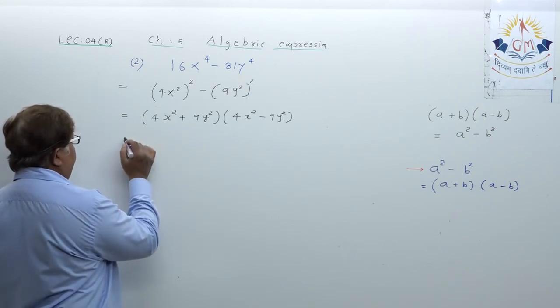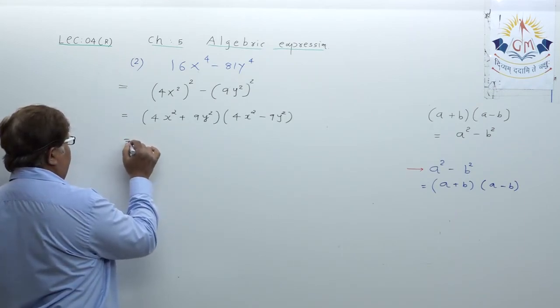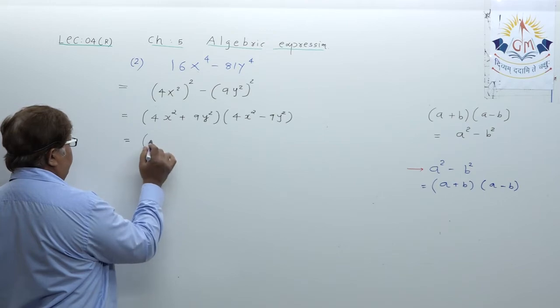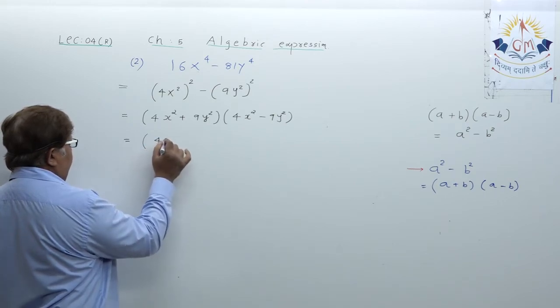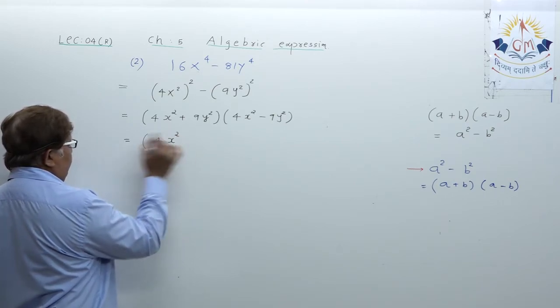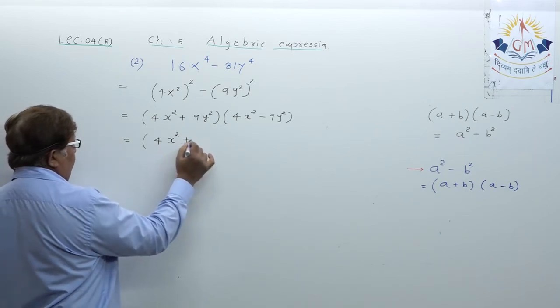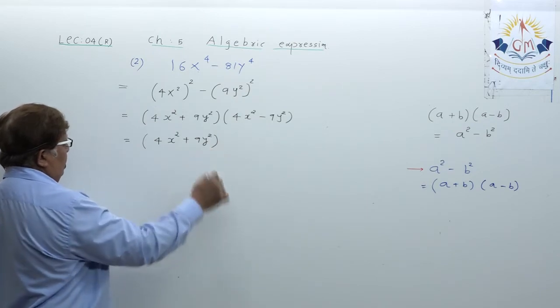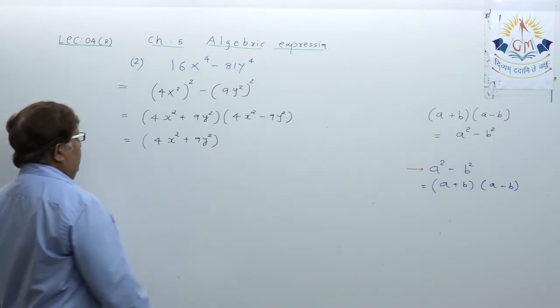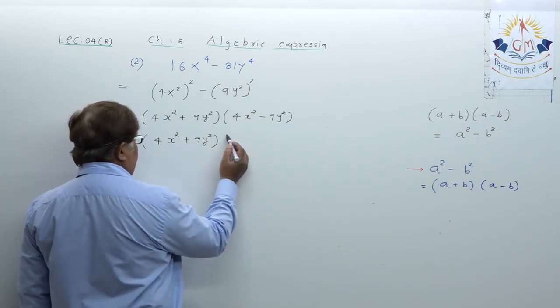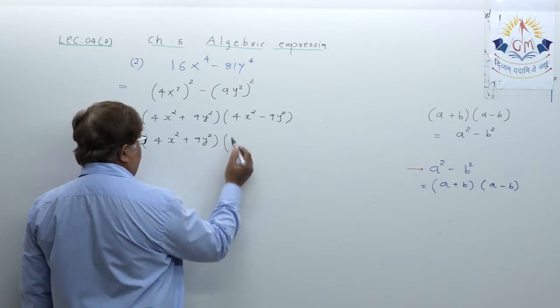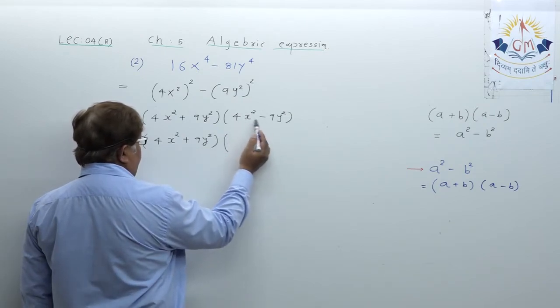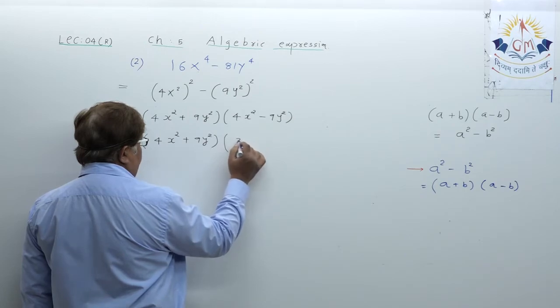Let us write this way. I will keep this bracket as it is. Please note down 4x square plus 9y square. But for this identity I am taking the square root for these terms in the bracket.